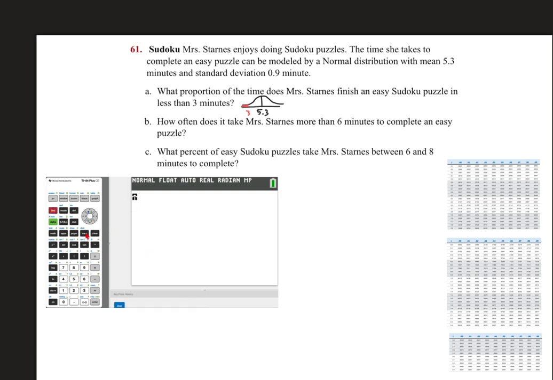So second bars, when we went percent or proportion, that's normal CDF. Lower is just some really big negative number, or keep that. The upper's 3. And we'll put in our mean as 5.3 and standard deviation is 0.9.